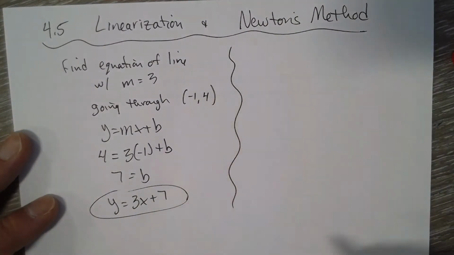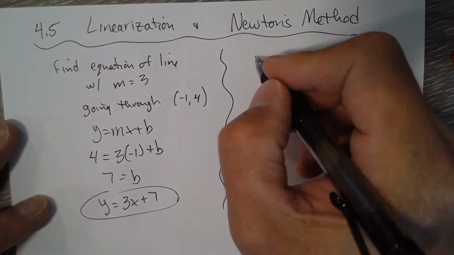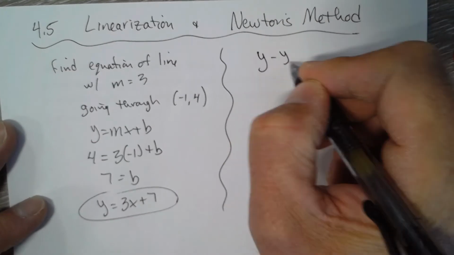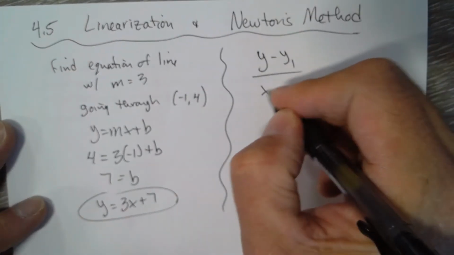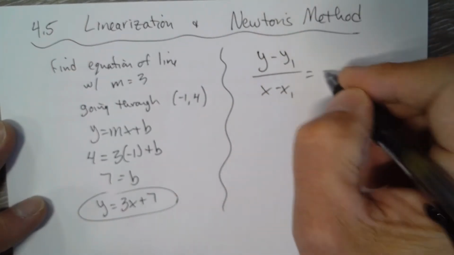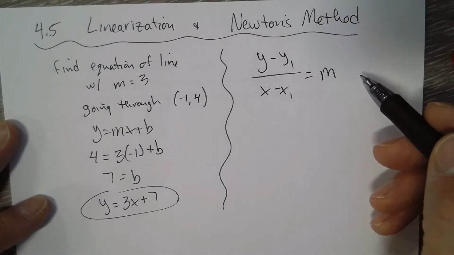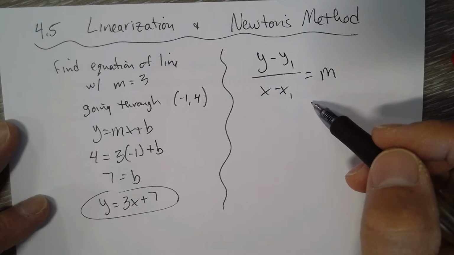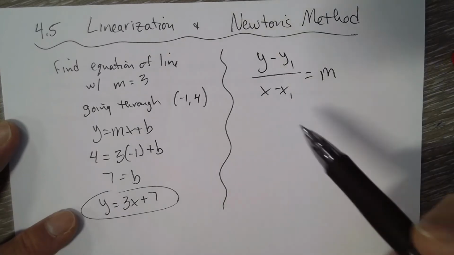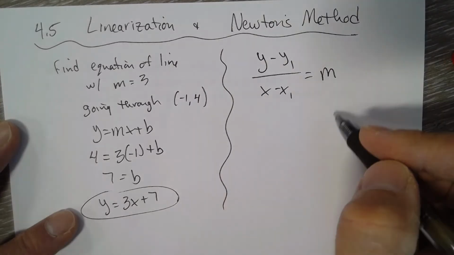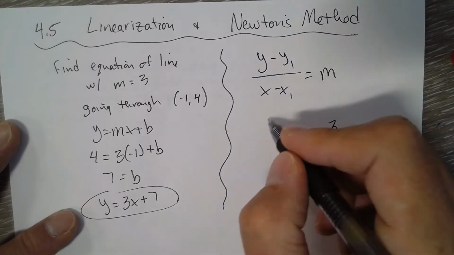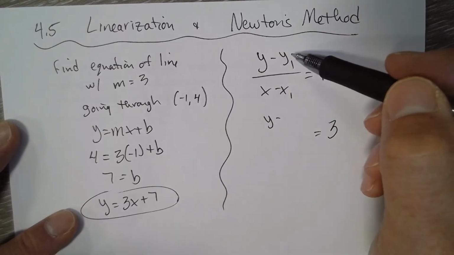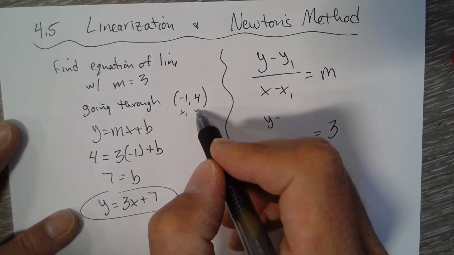Okay, that's slope-intercept. If I wanted to, I could use the fact that change in y over change in x is slope, and that's called point slope form. You can use this to find the equation of the line given the same information. So the slope is 3. We'll call this x1, y1.